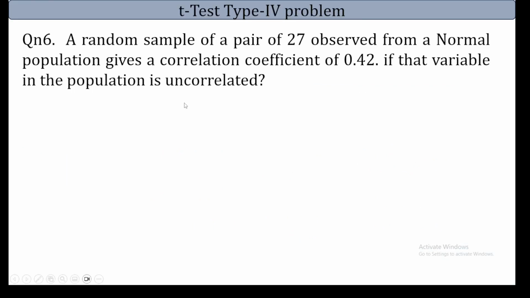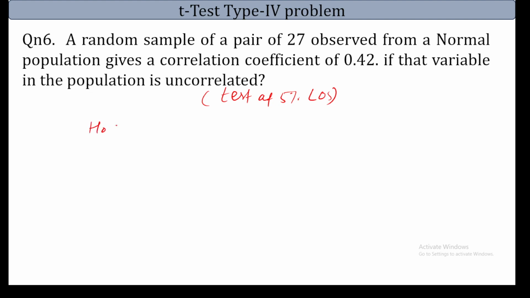A random sample of 27 pairs observed from a normal population gives a correlation coefficient of 0.42. We have to check whether the variables in the population are correlated or uncorrelated, and they have asked to test at 5% level of significance.